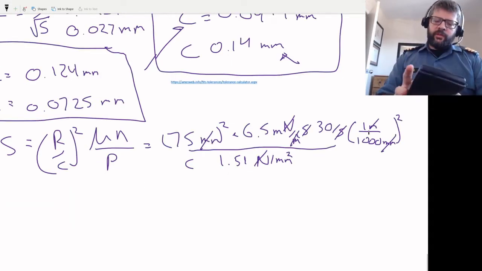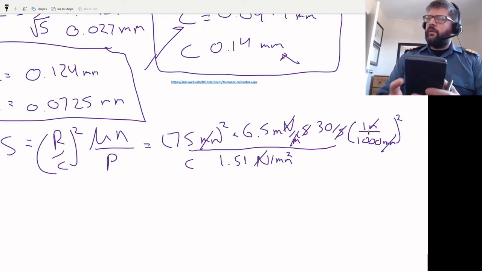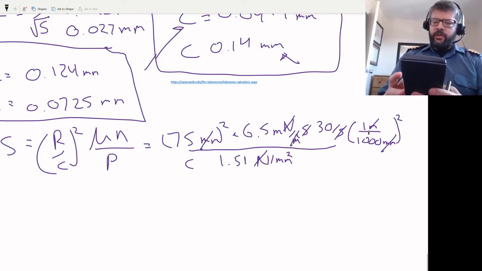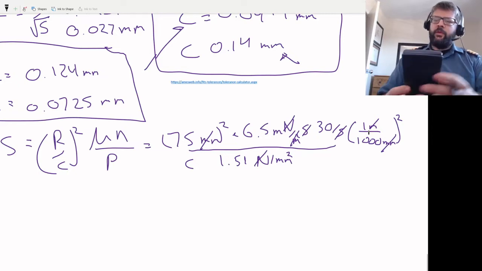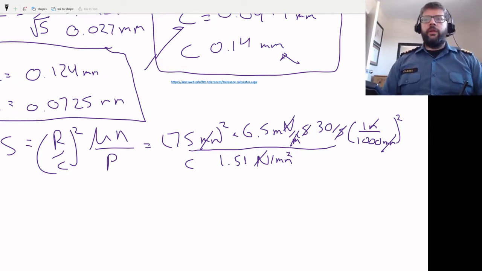So all that: 75 squared times 6.5 e negative 3, because the milli is still there, times 30 divided by 1,000 squared divided by 1.5.